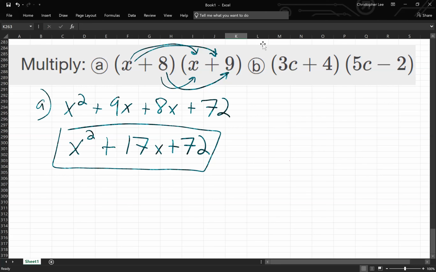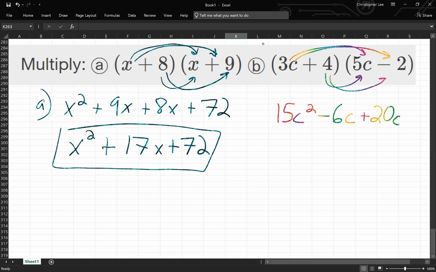So I have 3c plus 4 times 5c minus 2, right? I'm going to do the same thing. 3c times 5c is going to be 15c squared. Then 3c times negative 2 is going to be negative 6c. Then 4 times 5c is going to be plus 20c. And then last, 4 times negative 2 is going to give me a negative 8.